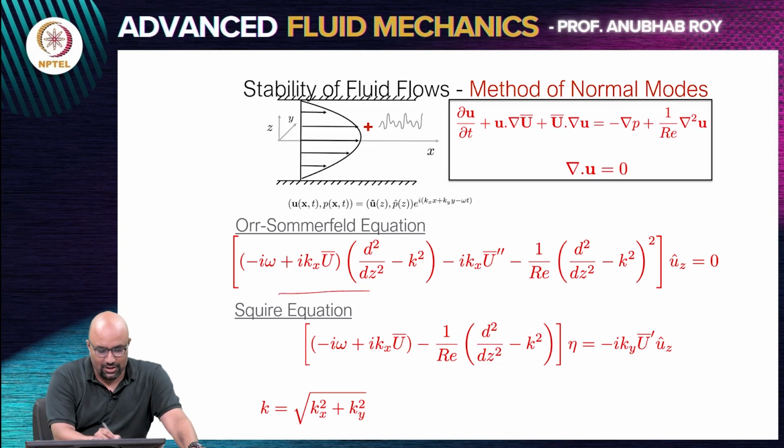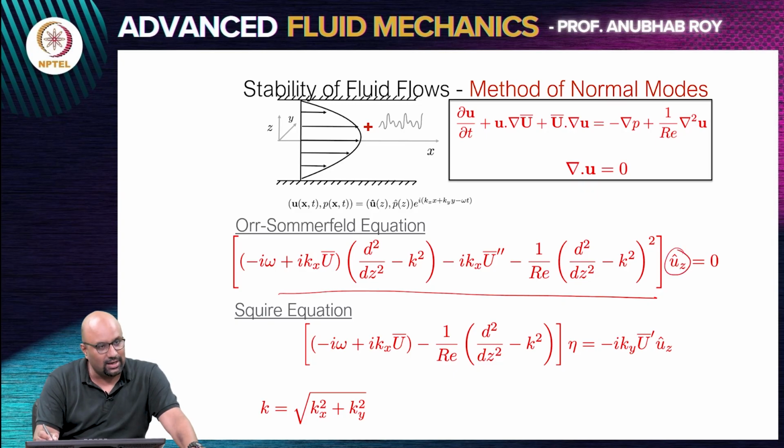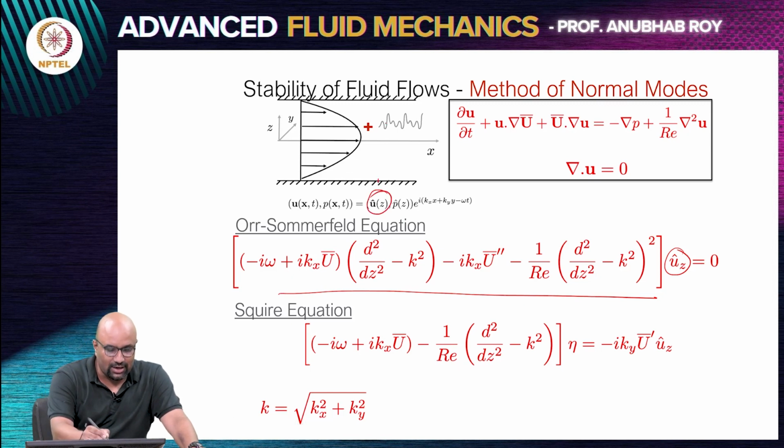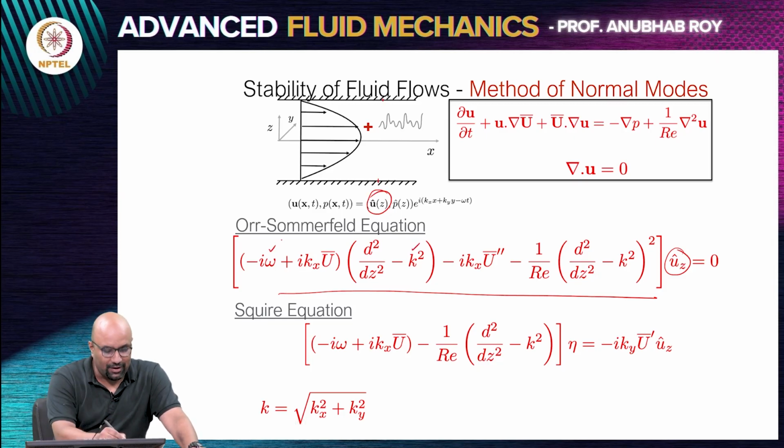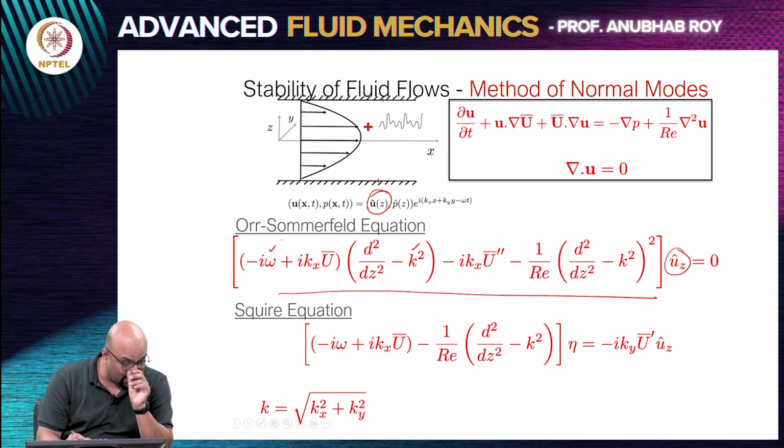This differential equation tells us we will have to solve for the velocity uz, the z component of the velocity, subject to the boundary conditions for a given wave number k and a frequency. Now, let's say I fix the velocity. If you consider it to be a channel flow, it's a parabolic velocity profile.